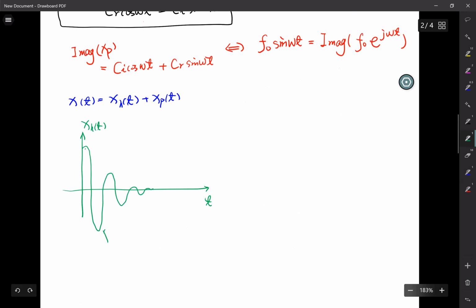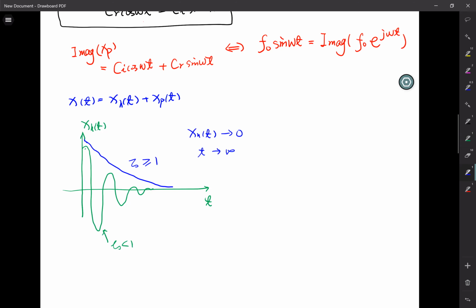That's the underdamped condition, or I should directly write zeta smaller than 1. The second condition is something like this. That's either zeta equal to 1 or greater than 1. So you have no oscillation. So no matter which case, eventually your x_h(t) becomes 0 when time approaches infinity, right? So that means your homogeneous solution eventually dies out.